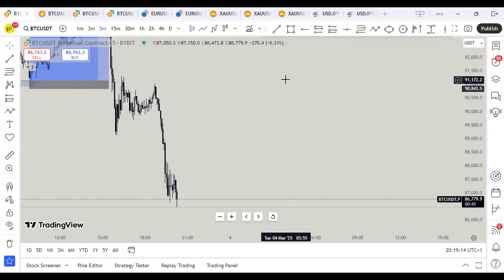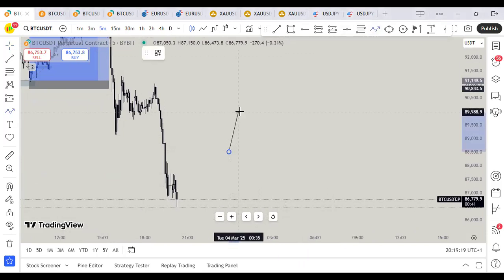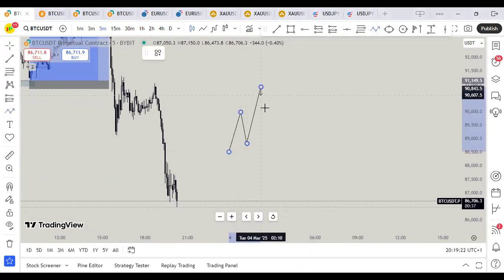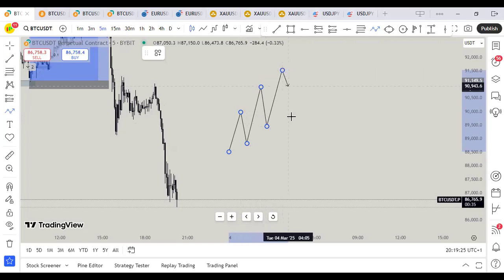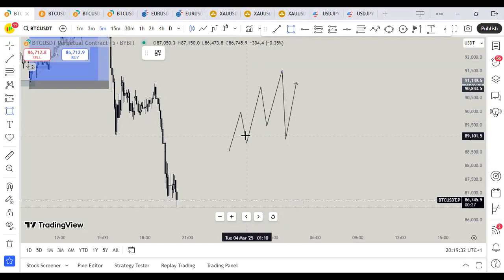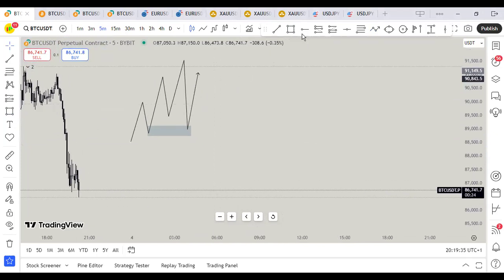Now, let me give you guys the type of SMC liquidity concept I like to trade all the time. I don't know about other traders, but this is how I like to trade my liquidity.